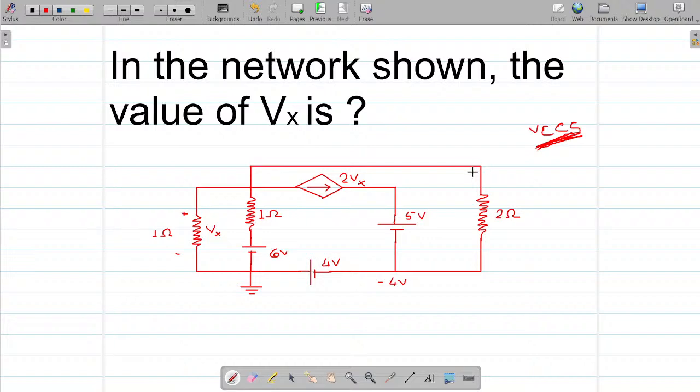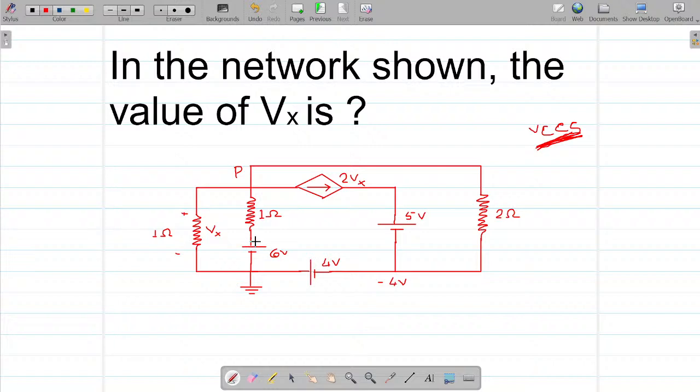You can pick this conductor and redraw it to be here. So this is the same point. So what would be the potential here? Let us call this potential P. We just gave it a name P. Now this is again the same potential, so no problem. What is the potential here? Again it would be a node because we encounter an element, and this would be 6 volts, because there is a battery of 6 volts here, right?